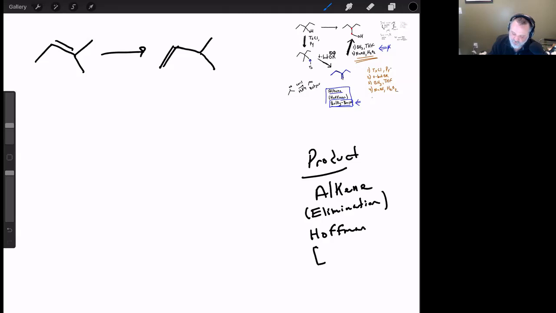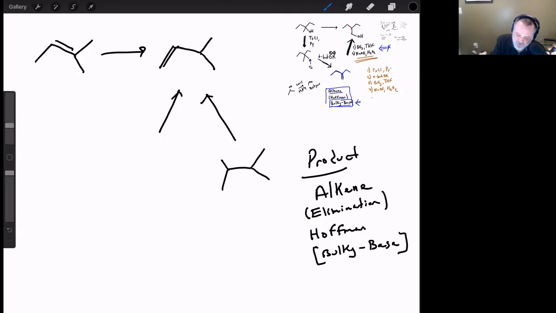So that should be telling you again, bulky, sterically hindered base. All right, now that you've made the consideration that you're going to form an alkene by doing an elimination to get a Hofmann product by using a bulky, sterically hindered base, now you can start to think about what are the possibilities for the different types of reagents that you could have used in order to accomplish that transformation. So let's think about it in terms of all of the possibilities.